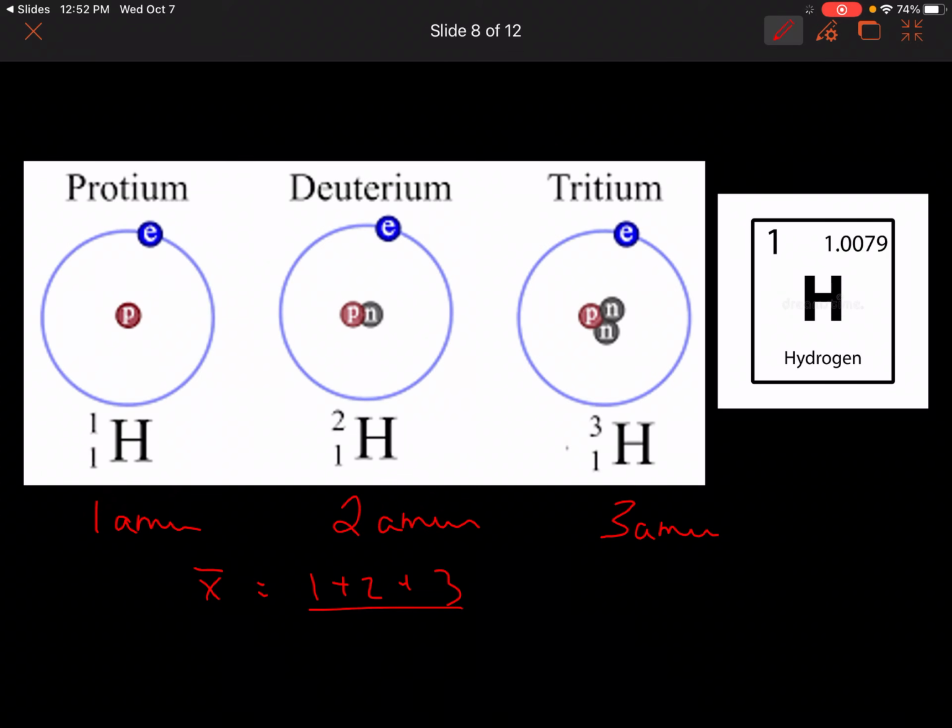You're going to divide by how many there are, which is 3, so 6 divided by 3, which would be 2 atomic mass units. So that would be our mass for hydrogen. However, it is listed as 1.0079. Why? Think to yourself, why is the average this and not this?